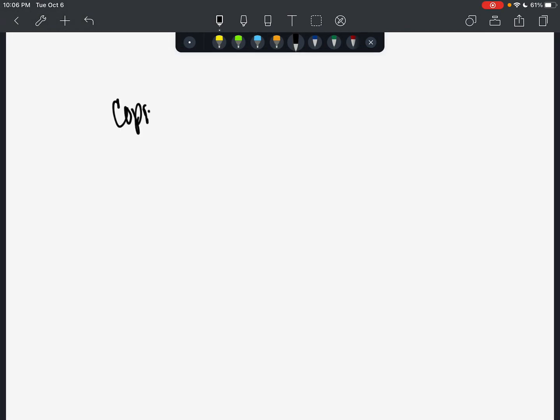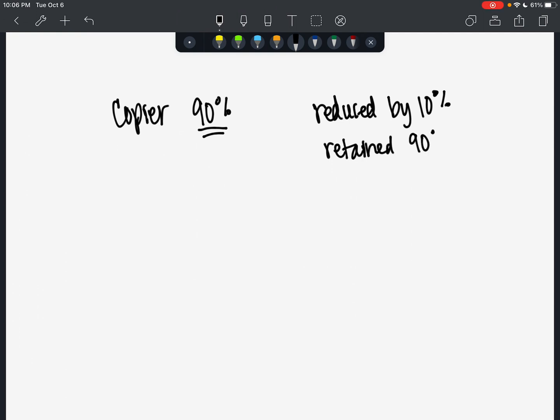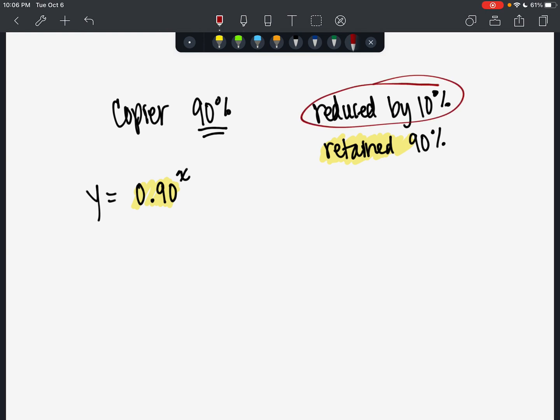When we went to the copier and we did 90%, that means we reduced by 10%, and we retained 90%. And what was that base? That base was 0.90. Remember? So this base is going to be what you retain. When you retain less than 100%, it's decay. So sometimes the problem is going to tell you what they're reducing it by. You have to get this value.